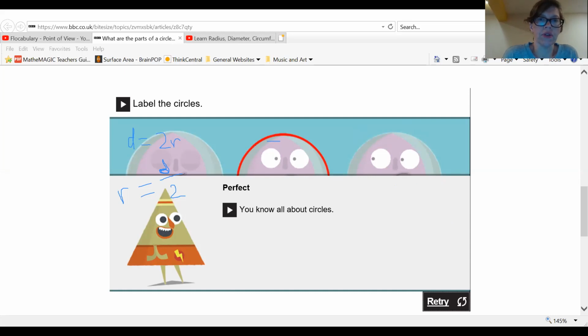All right, so this problem is asking, what is the radius and diameter of the following circle? So I'm going to let you go ahead and try that. Remember, you can use your formulas over here to help you.